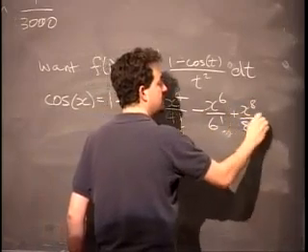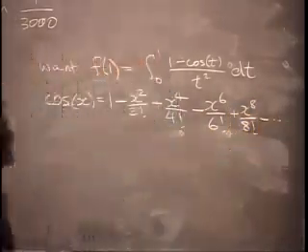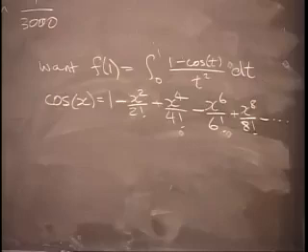So it's only the even powers, which makes sense since cosine is an even function. And it has this plus minus thing. So see how similar it is to the e to the x, but you just have the evens and you have minus plus minus plus alternation there.